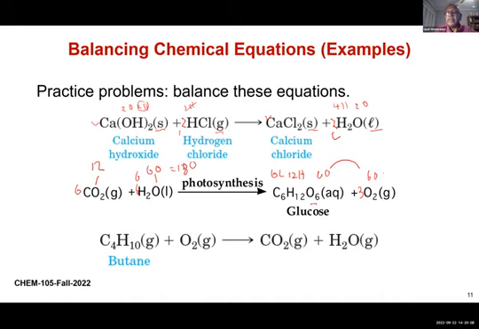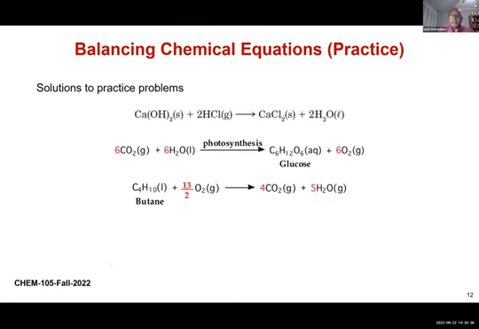There are 6, then you have to have 12 oxygens here. To make it 12 more, you have to put a 6 here. I made a mistake here. It's 12 oxygens. 12 plus 6 is 18.